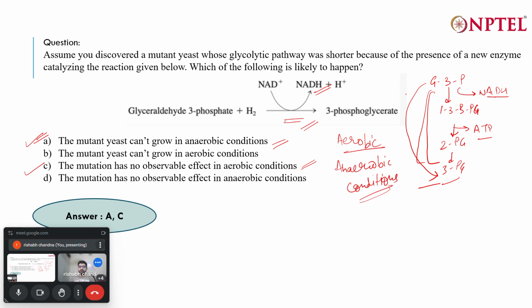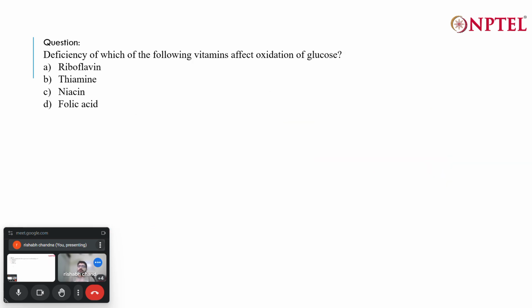Okay, if not, then we'll move on to the next question. Deficiency of which of the following vitamins will affect the oxidation of glucose? So, what can be the correct answer? Okay, any more answers?